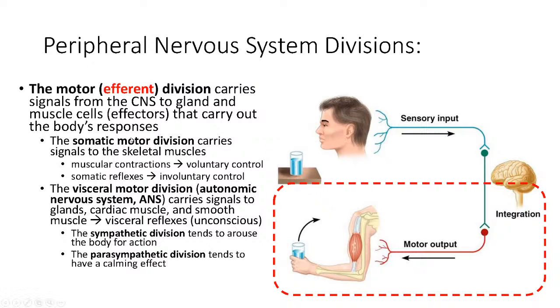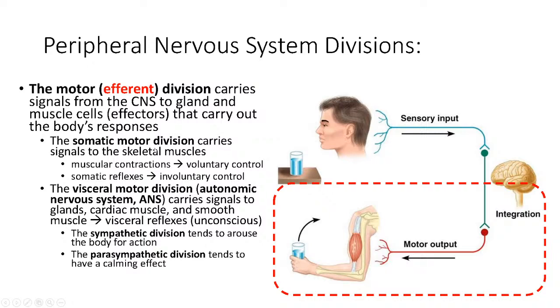Now here we have the somatic motor division, and again the somatic nervous system is the portion of the nervous system that we are consciously aware of or can consciously control through the somatic motor division. This is going to be skeletal muscle, and that's pretty much it. Yep.